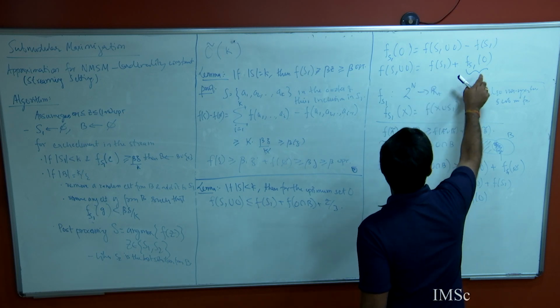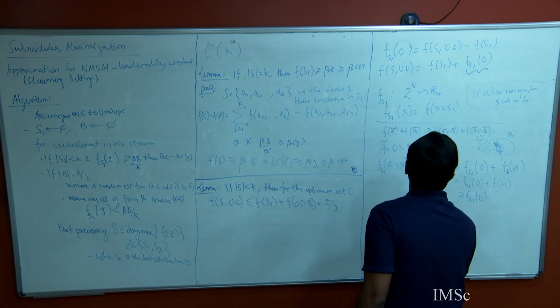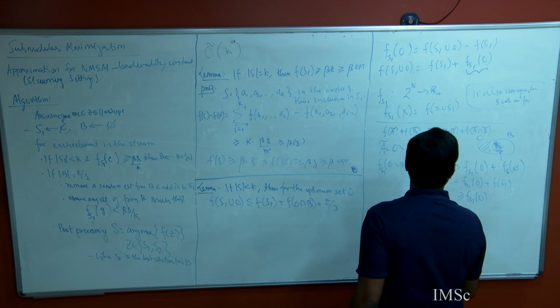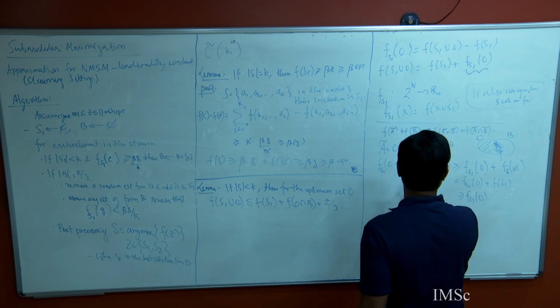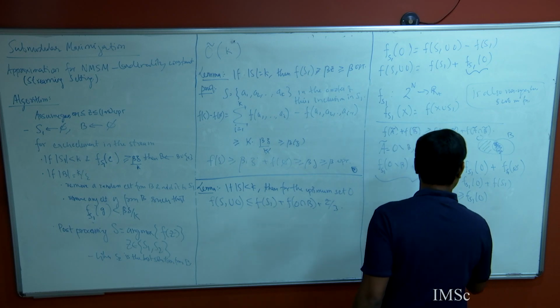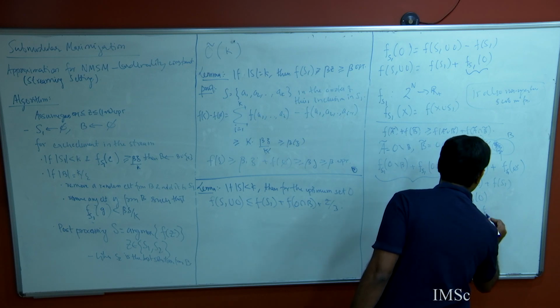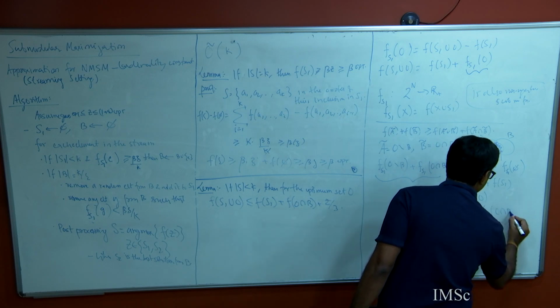Now I can go and substitute here. So then f of S1 remains, and f of S1 plus f of S1 O is upper bounded by these two terms: f S1 O minus B plus f S1 O intersection B.